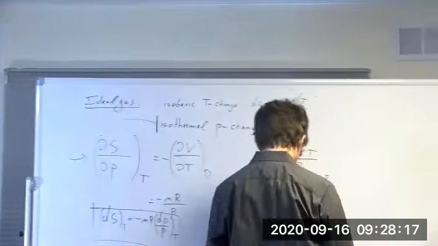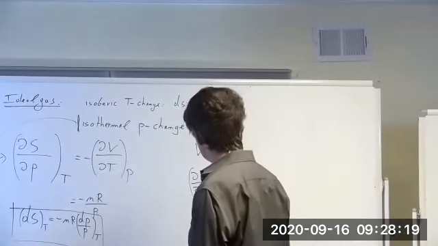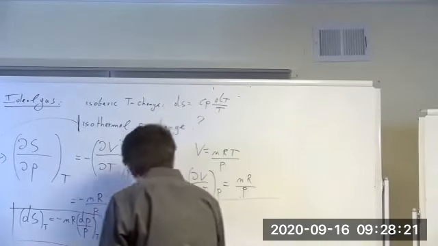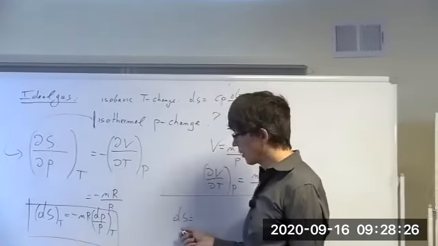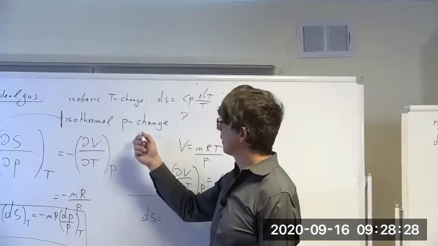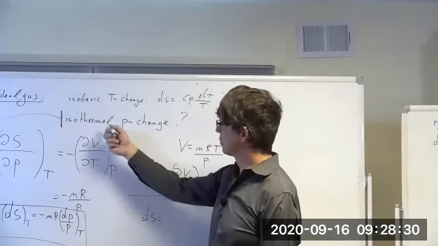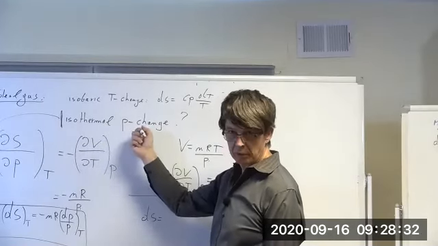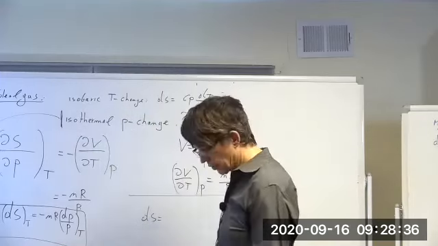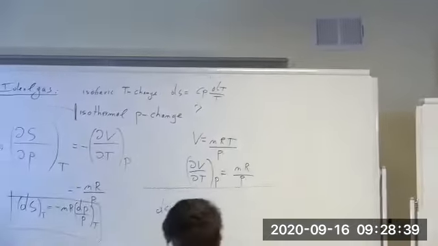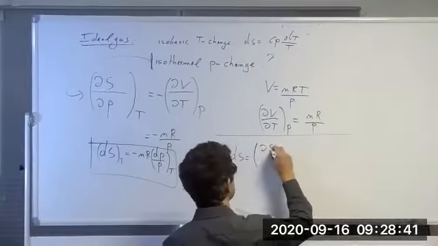It's good that we found the same thing. But I can now right away calculate how entropy behaves because I can take the total differential as part of, first of all, a constant temperature pressure change, and then a constant pressure temperature change. So I can just expand it into these two partials.